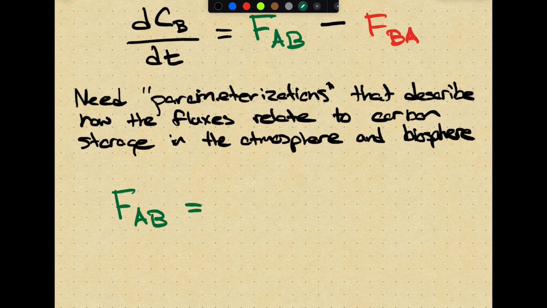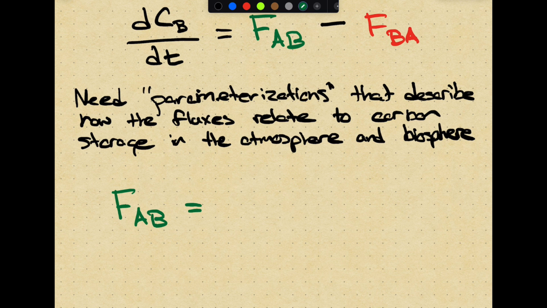So generally what we're trying to capture is that when there's more carbon in the atmosphere, and this is true down at the level of individual stomata of leaves, if you take a leaf and give it a CO2-rich environment, it's easy for that carbon to get into the plant cells. It just diffuses in through the stomata.